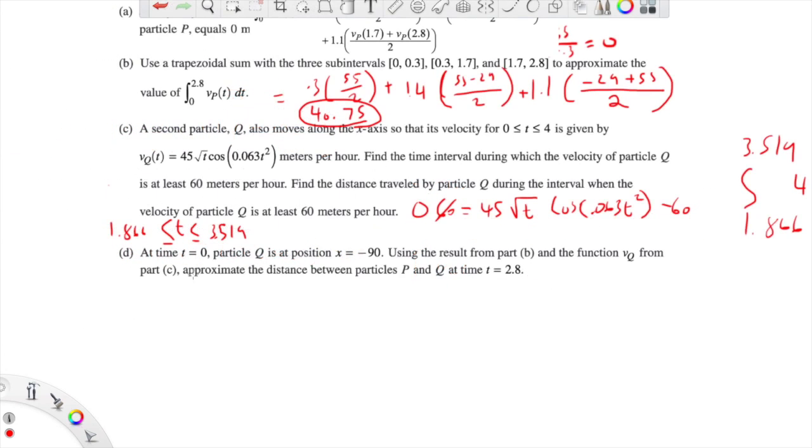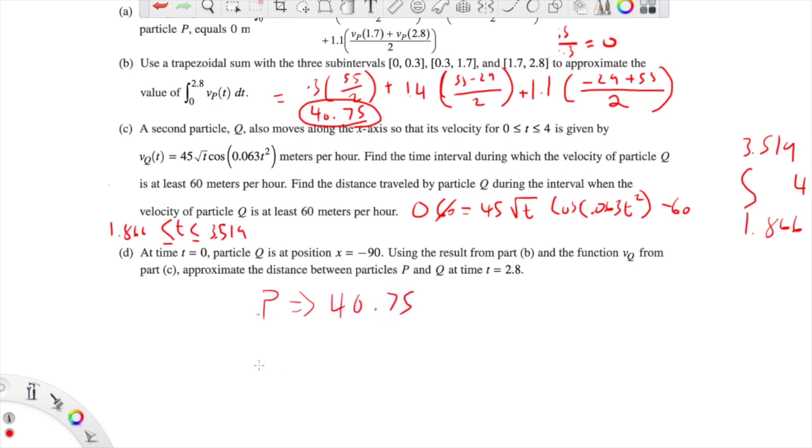So part D basically tells us that particle Q is at position x equals 90 at time t equals 0, and then they say, use the information from part B, which is the distance traveled by particle P after 2.8 seconds, to see how far P and Q are away from each other. So again, we know P is going to be at 40.75.